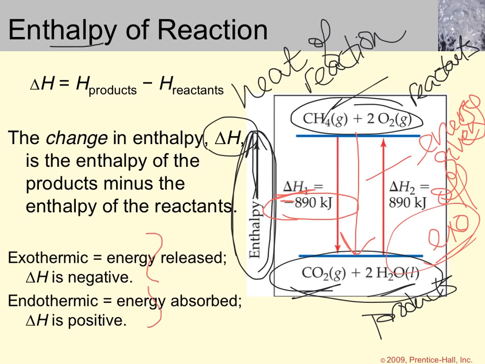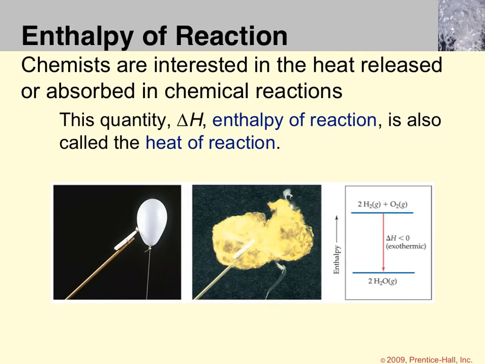So remember these 2 nuggets, if you're taking notes. The delta H always has a negative sign if it's exothermic, which is energetically favorable, and a positive sign if it's endothermic, which is not energetically favorable.